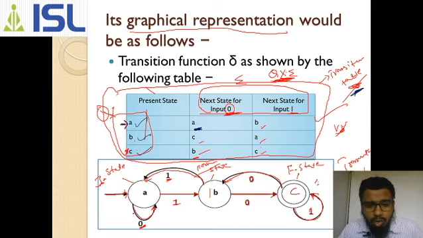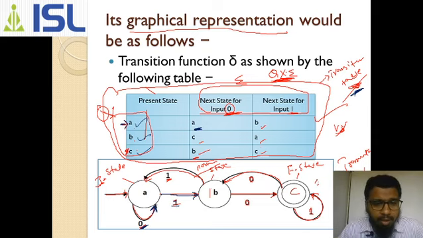In the same way, A is going to B when the input is 1.